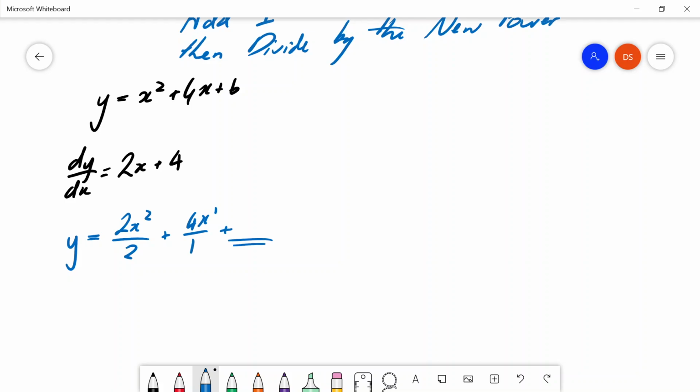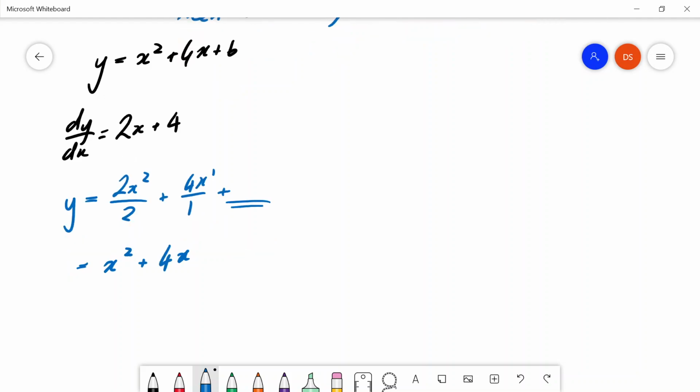We can simplify this and we get x squared plus 4x, but we're missing the 6. What happens is, in differentiation, you lose information. And in integration, we try to get that back, but we need more information to get it back.